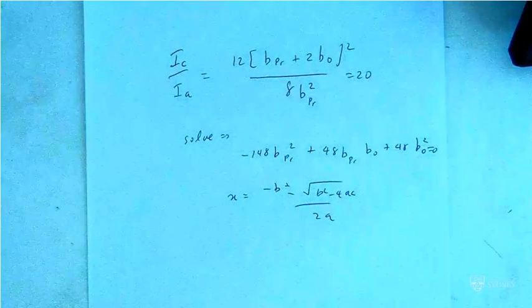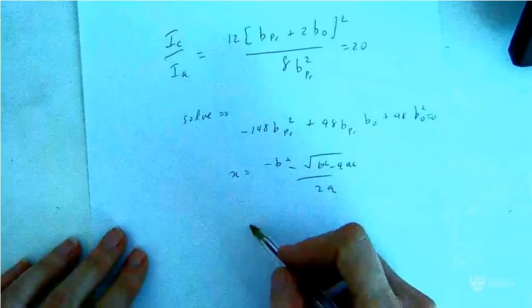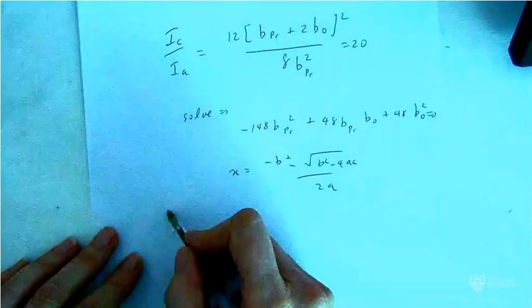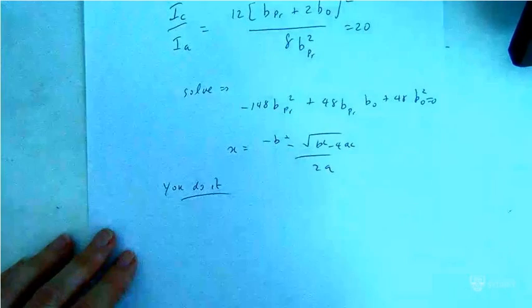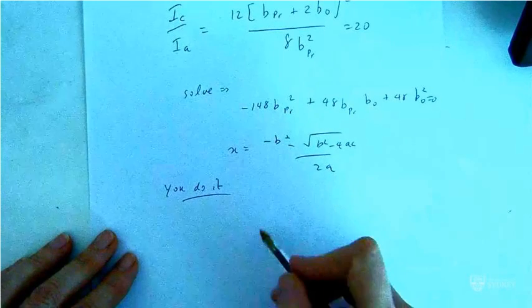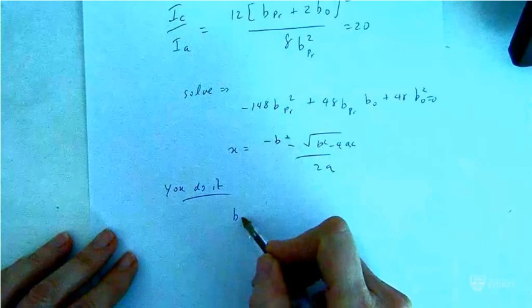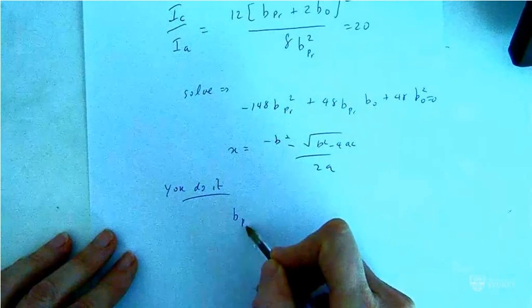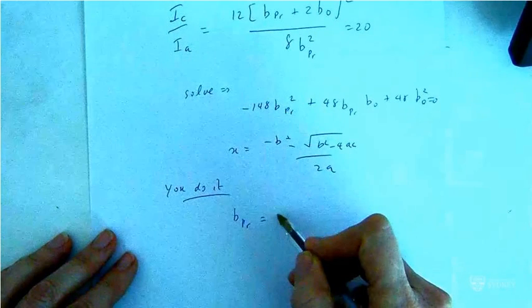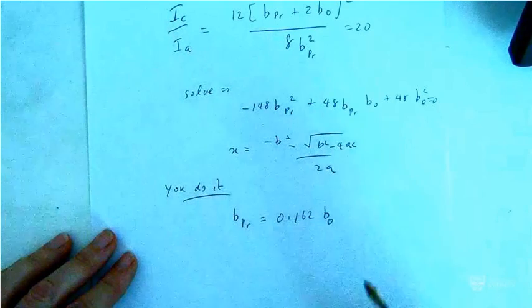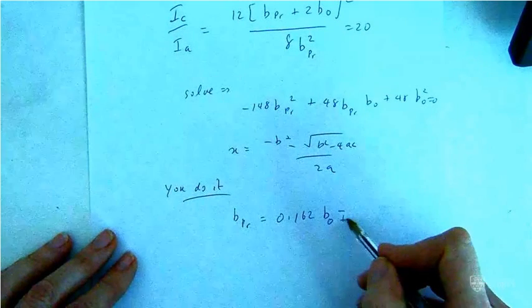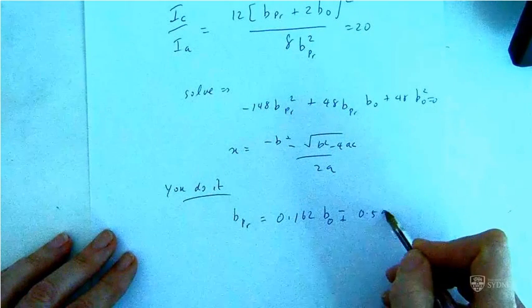You will basically find that the scattering strength of a praseodymium atom is equal to 0.162 that of the oxygen atom, minus or plus 0.59 b_O.